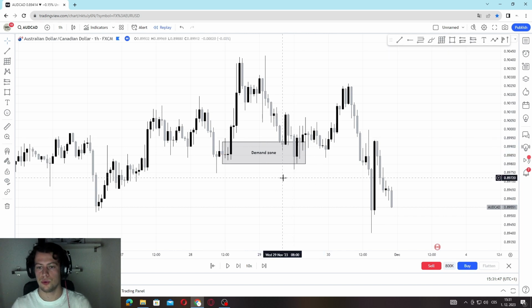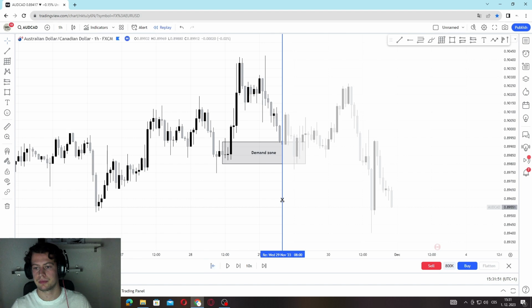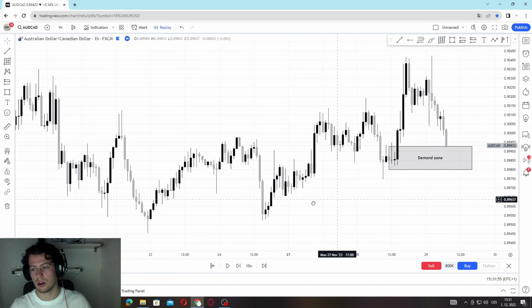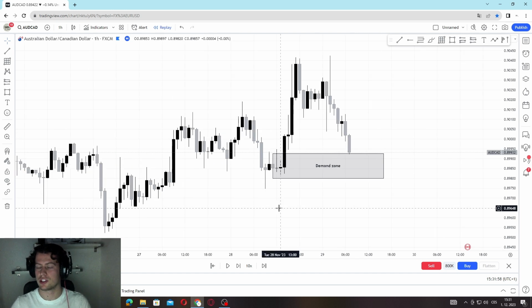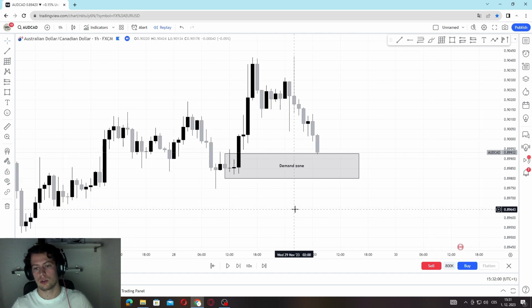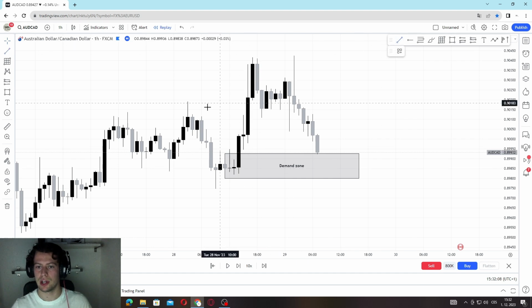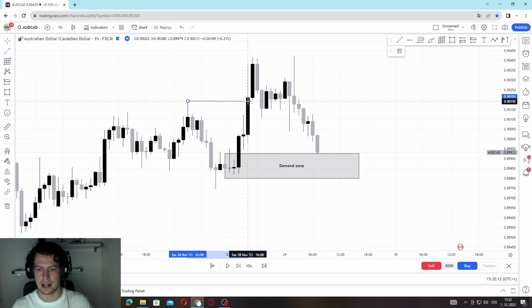Also, if you really want to be special or be really strict with your rules, one rule that I would add is that the demand zone has to break something, so the last high or low.